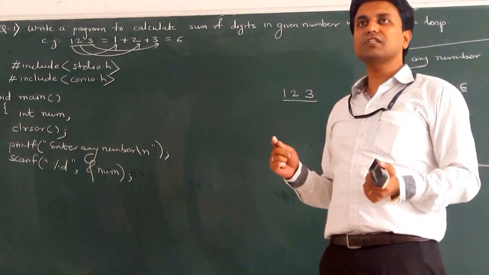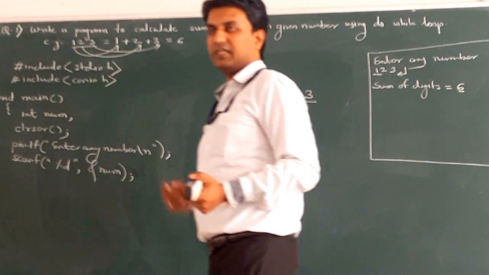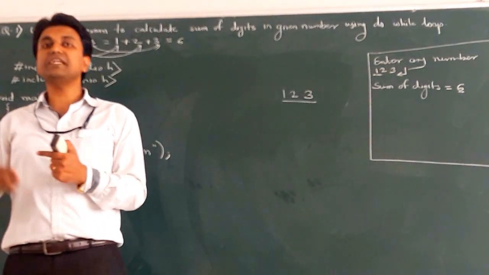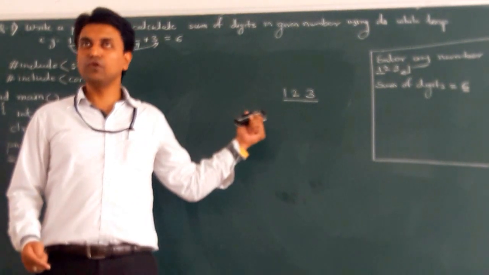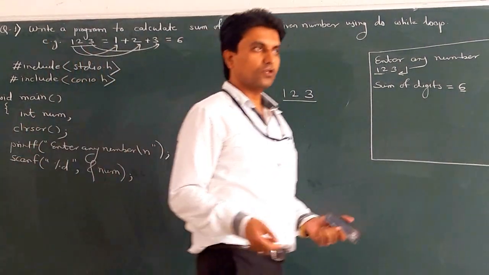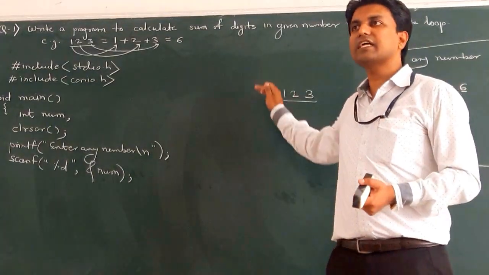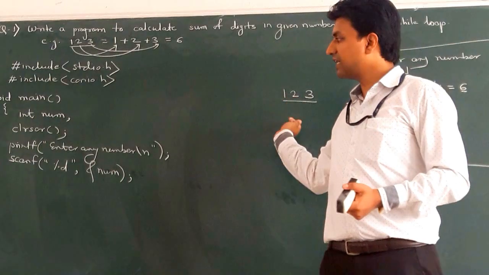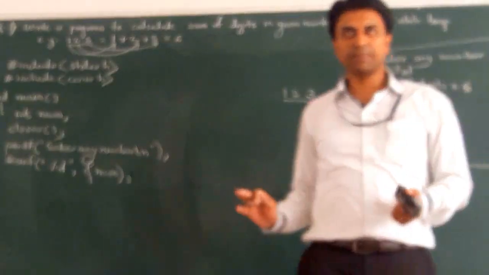Loops are used when there are common statements in the body, and the same statements are repeatedly executed. Then and only then can we use loops, any loop, do while or for loop. So is there any pattern? Check the pattern, find that pattern, and then implement that pattern in the body of the loop. Clear?